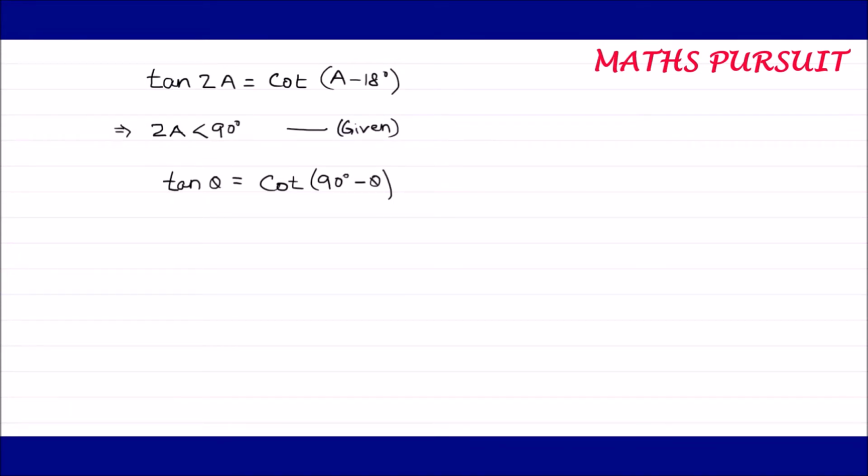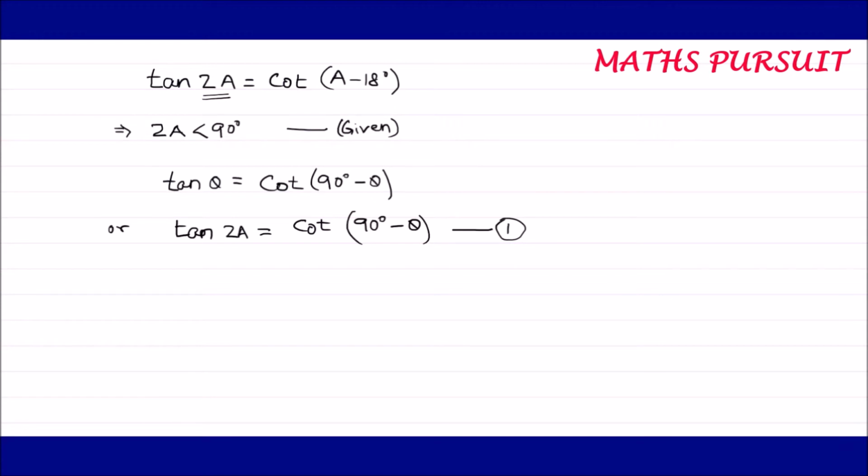Instead of theta, I'm going to take the value of theta as 2a, because in the above question we have a value of 2a. So keeping this 2a in mind, I'm going to replace theta with 2a, and let's see what we get. Tan 2a is equal to cot (90 degrees minus theta). Let this be equation number 1.